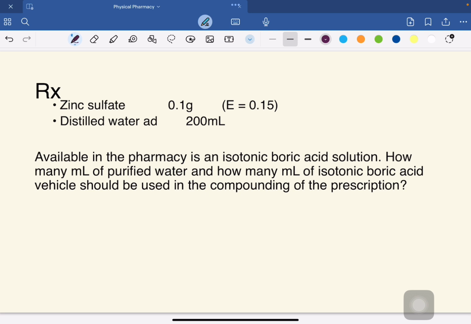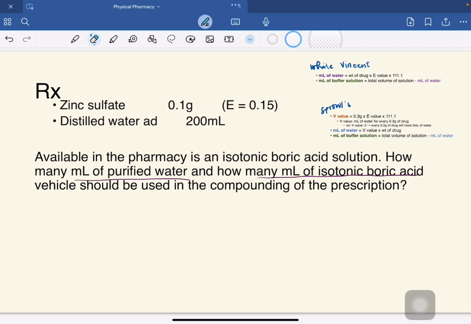So here, available in the pharmacy is an isotonic boric solution. So how many ml of purified water and how many ml of isotonic boric acid vehicle should be used in compounding this prescription. So let's try to solve this using the White-Vincent method. So first, we will have to look for the volume of water using the formula. So this will need the weight of the drug, which is 0.1 grams, times the E value, 0.15 times 111.1.